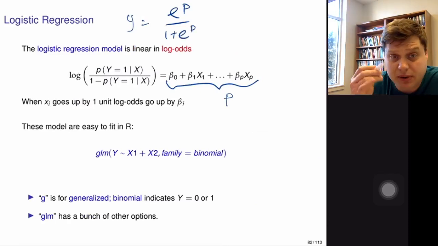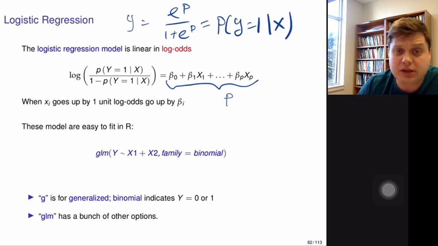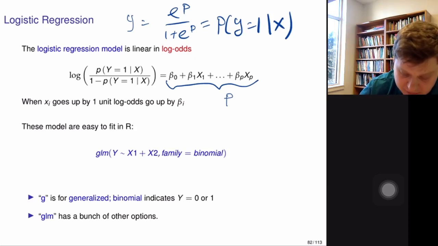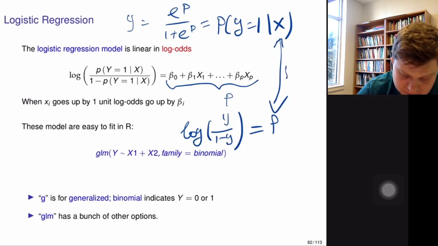We can do some simple algebra here and invert the logistic function. We get p on the right hand side, and on the left hand side the logarithm of y divided by 1 minus y. Going from here to here is just simple algebra that we're not going to do here.